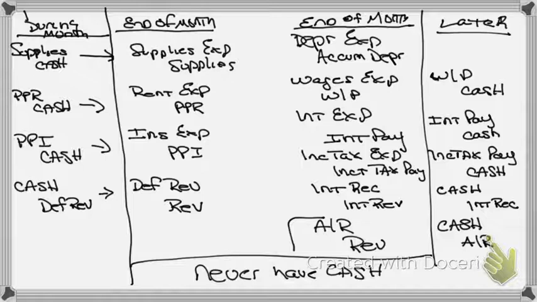Almost all of them have the expense. 1, 2, 3, 4, 5, 6, 7 of the 9 have the word expense on them. Interest receivable, accounts receivable, and deferred revenue are the only ones that don't. So if you're looking at adjusting entries and you're trying to figure out what it is, if you take a look at expense, it's a good guess.